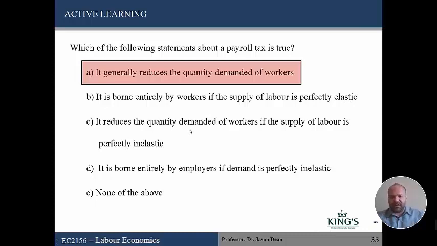We know that this one isn't true because if the supply of labor is perfectly inelastic, it wouldn't reduce at all, because you have a labor supply curve that's vertical at the amount, so it's fixed. And it's not borne entirely by employers if the demand is perfectly inelastic.